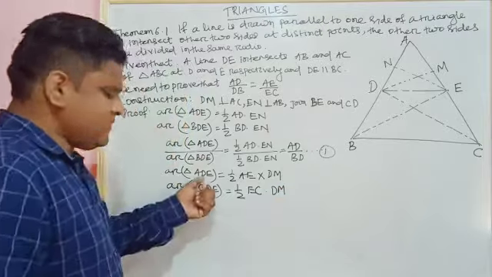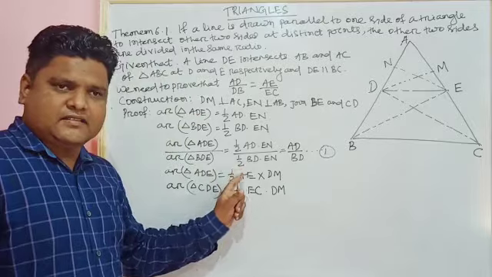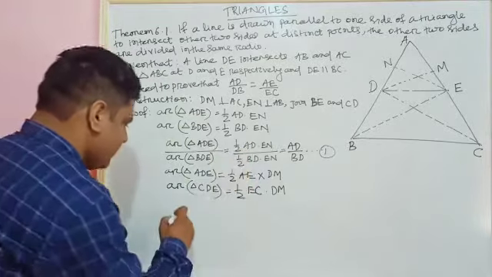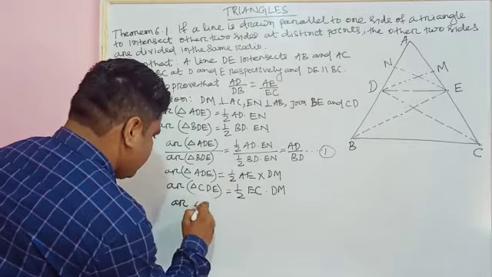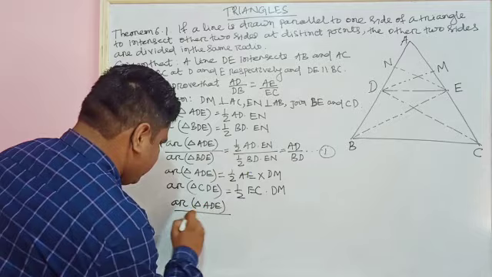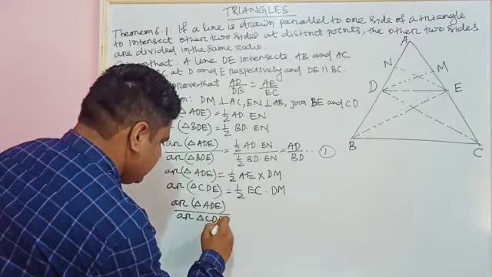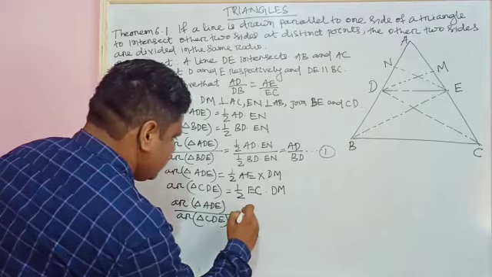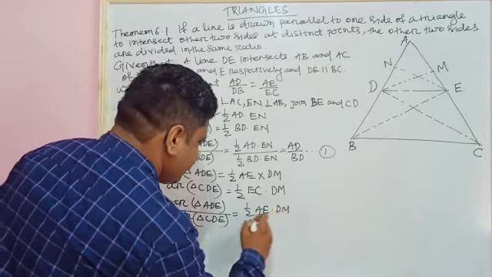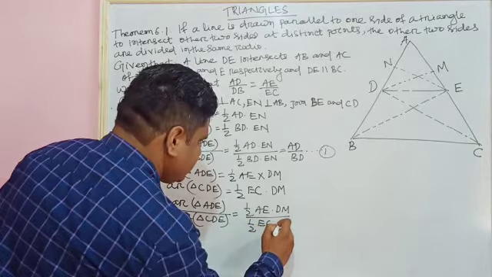Taking the ratio of area of these two triangles, we have to divide LHS by LHS and RHS by RHS, same way as we have found this one. So area of triangle ADE by area of triangle CDE is equal to half into AE into DM by half into EC into DM.